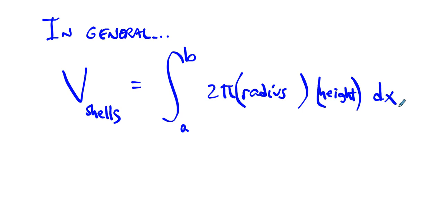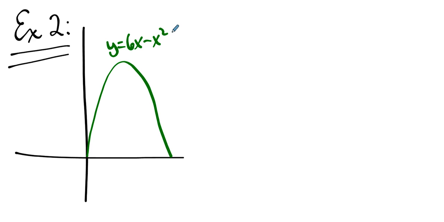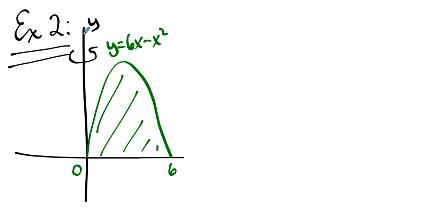Okay, I will demonstrate. This would technically be example 2. You have some region. That region is the region under the parabola y equals 6x minus x squared. This is the region from 0 to 6. I'm going to take that region and revolve it about the y-axis. This is not a question that we could do by discs or washers easily.